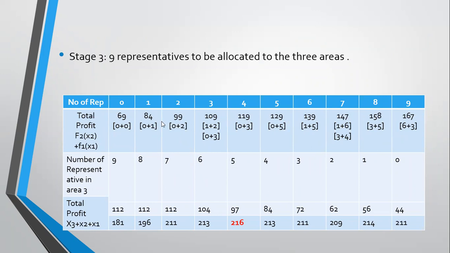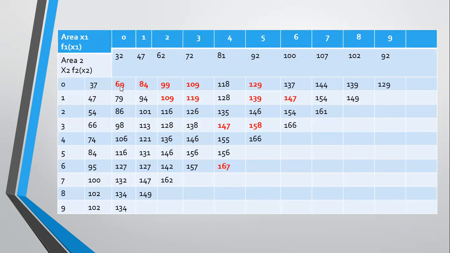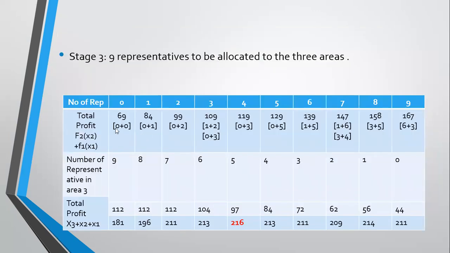How am I getting these values? See, from the previous table, the previous slide, by following the diagonal approach and comparing the relativity of the individual cost figures, I have selected the maximum total profit cost. So these selected numbers we enter in the result summary.